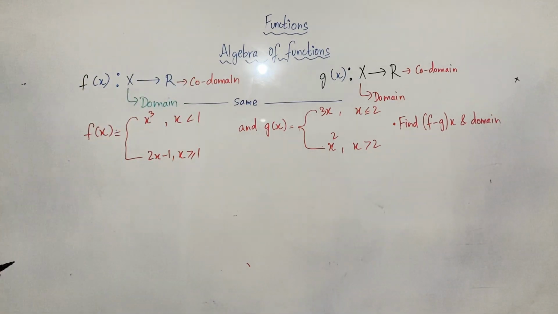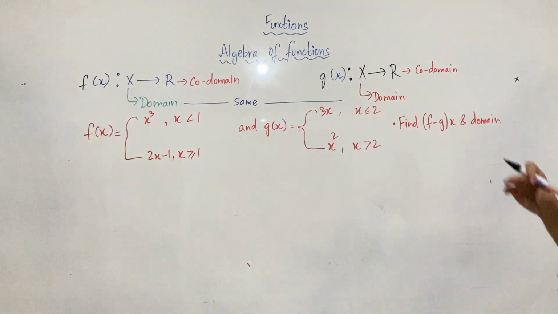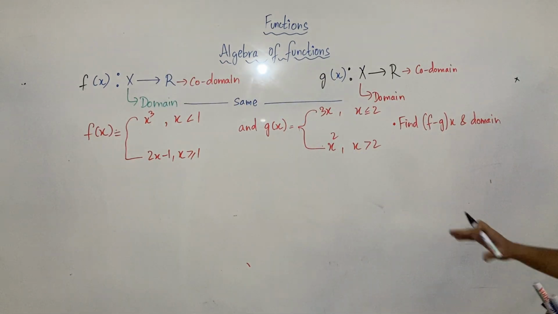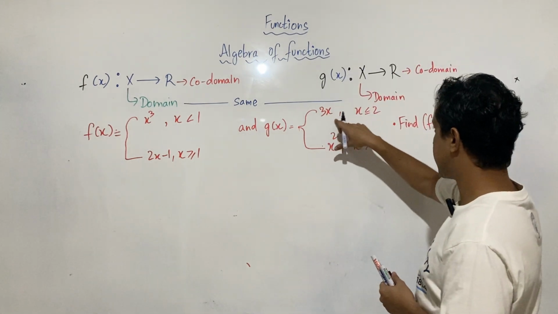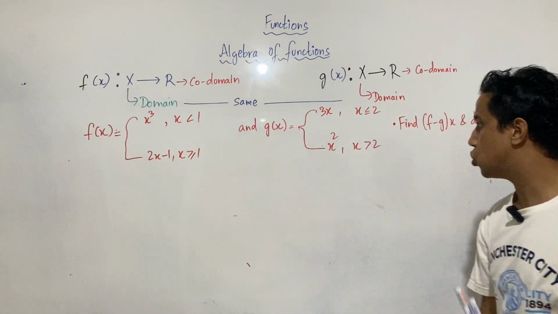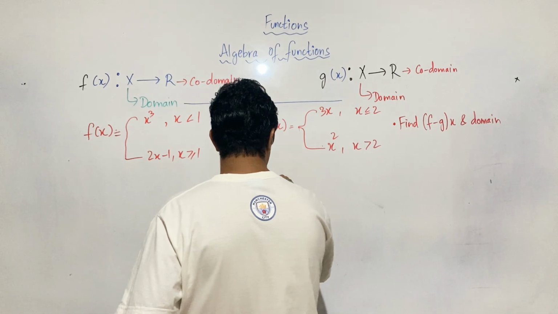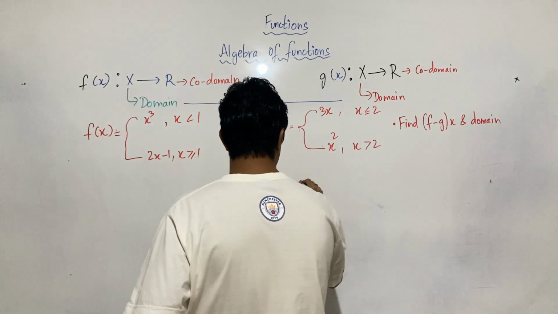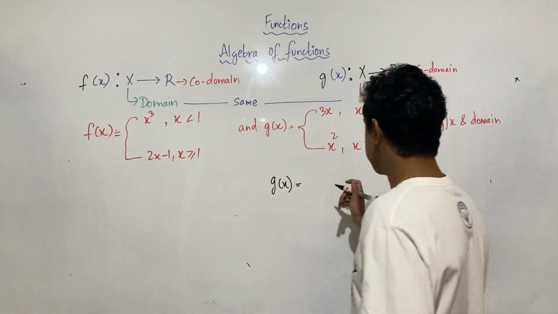Now if you look at this function g(x), it has two definitions. The first definition says it is 3x for all x less than or equal to 2. Tell me if I am not wrong, I can rewrite this function.